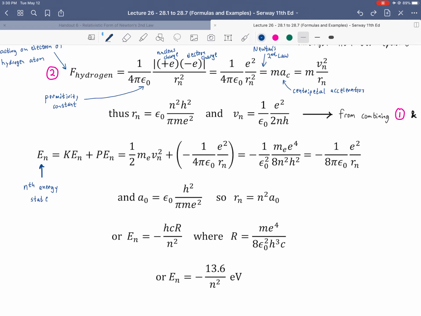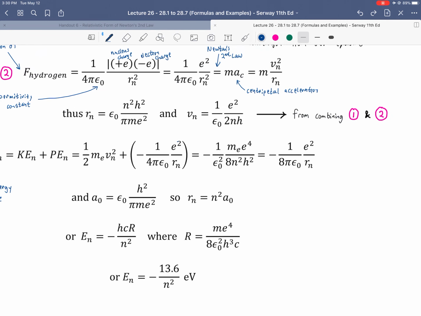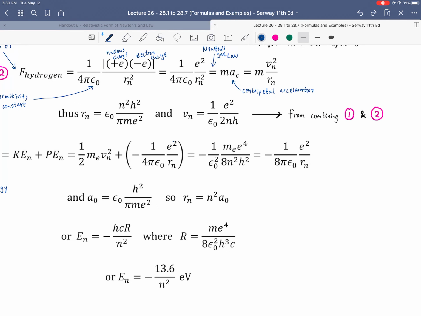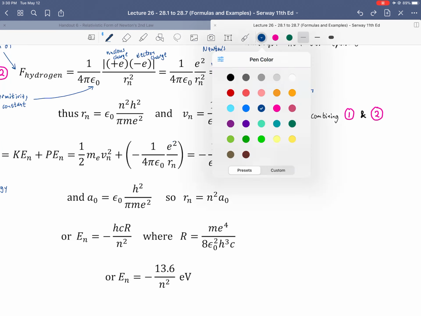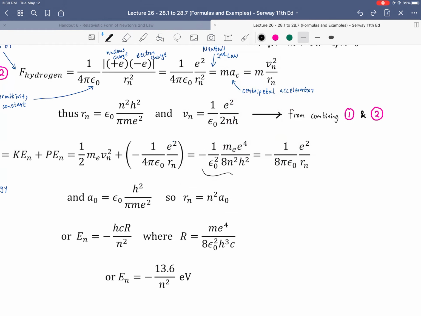So the total energy is negative, and the potential energy is negative. The total energy has to be negative because there's no way the kinetic energy can be bigger than the potential, because the electron has to still be bound, still within that well. Okay, so our total energy is negative. Let's make a note of that.